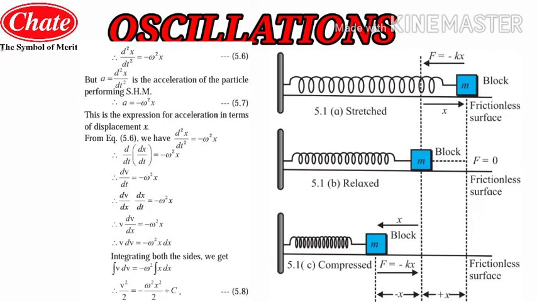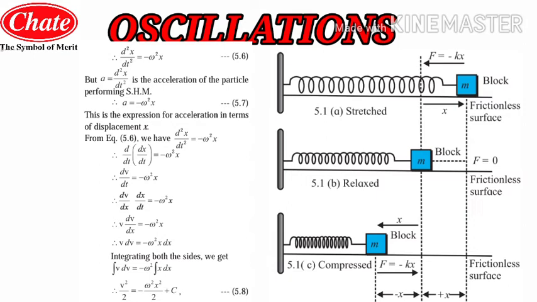Now we will take one term common, that is d by dt into dx by dt is equal to minus omega square into x. Now what is meant by dx by dt? dx by dt means it is the displacement with respect to time, so it will be velocity v.